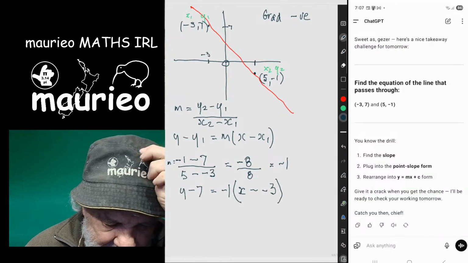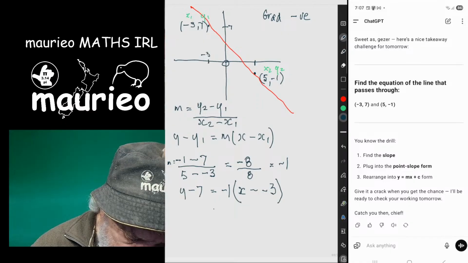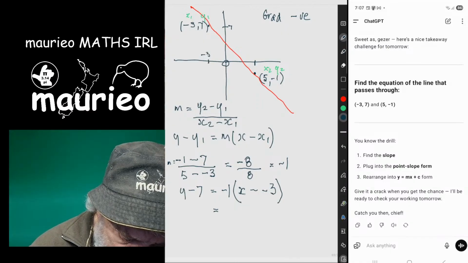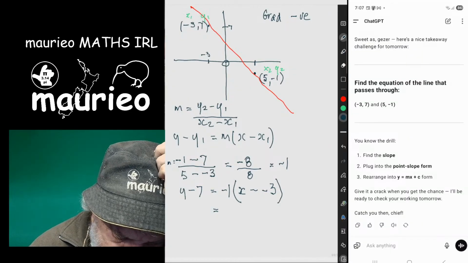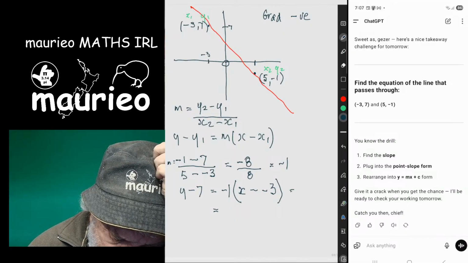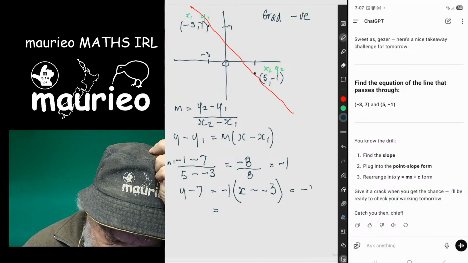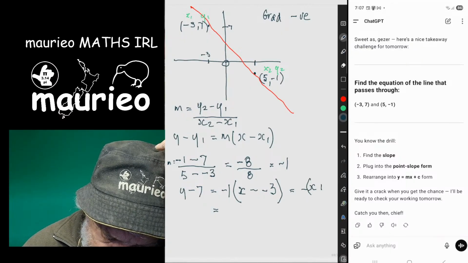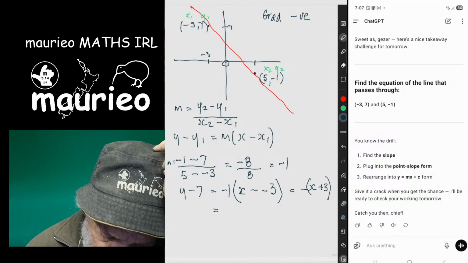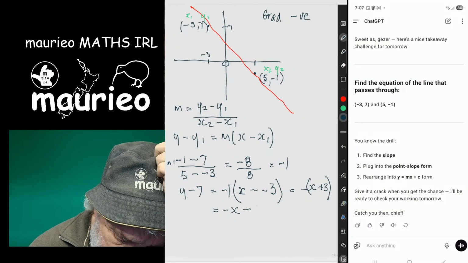So we get y minus 7 equals -1, so we'll expand that. We'll write this here: equals negative x plus 3.